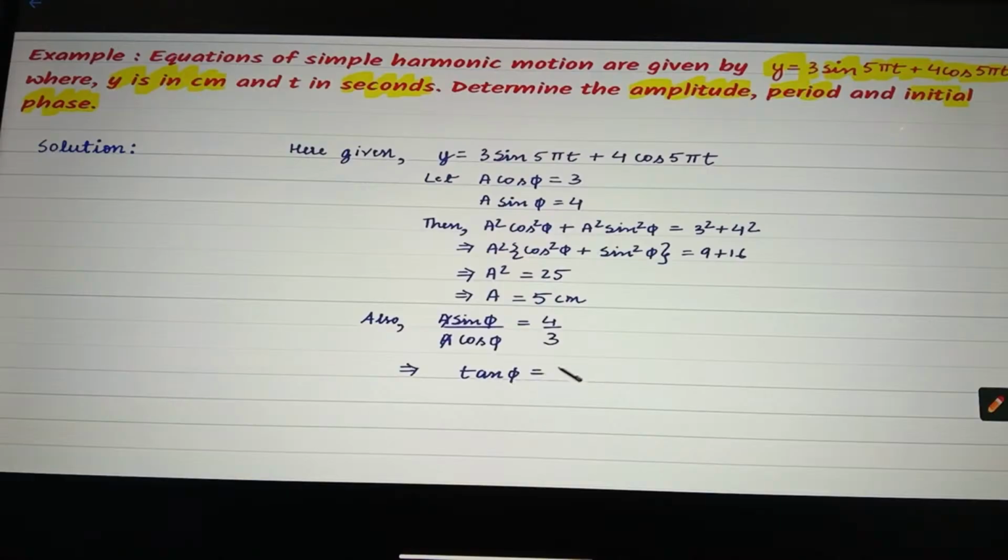So tan phi is equal to 4 by 3, which is 1.3333. This implies phi is equal to tan inverse of 1.333. So phi is equal to 53 degrees and 8 minutes.